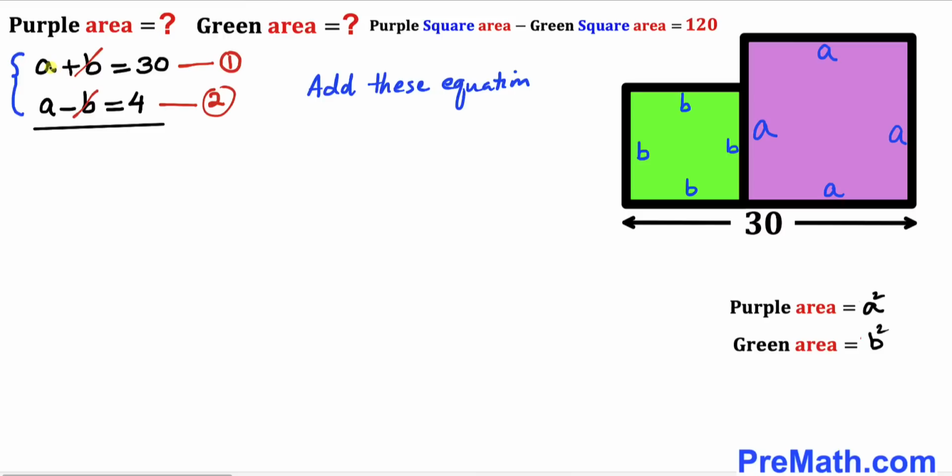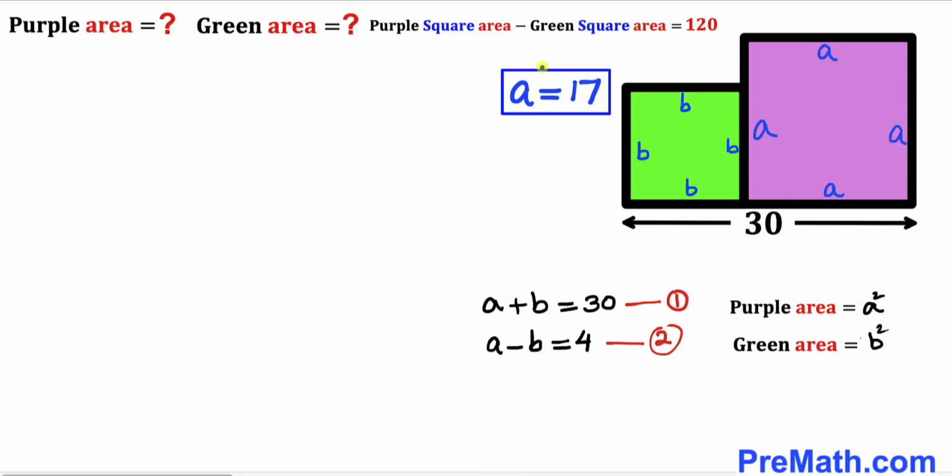So a plus a gives us 2 times a equals 34 on the right hand side. Now I'm going to divide both sides by 2 to isolate a. Here we can see 2 and 2 are gone, so our lowercase a value turns out to be 17 units.